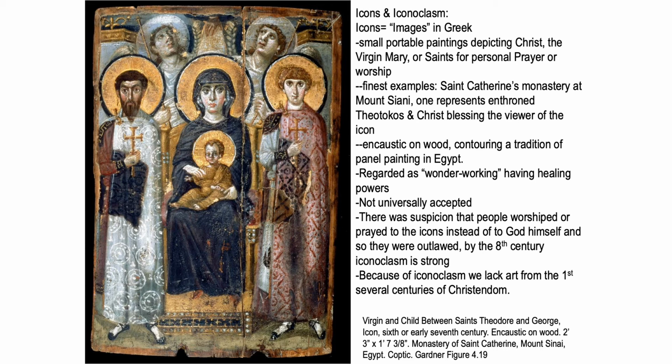You can see that the eyes are created with the prominent eyebrows, the double eyebrow or double lined lid of the eye, and then the lower line for the lid or for the eye. Then this prominent line that goes down the side of the nose and a smaller mouth.